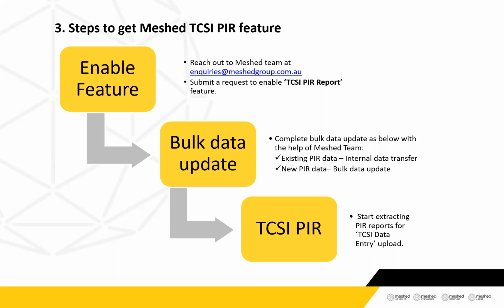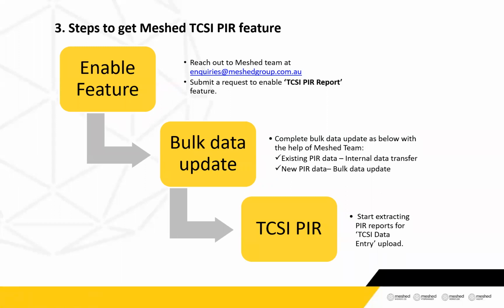The first step is to put in a request through enquiries@meshgroup.com.au that you are interested in this PIR report feature and you would like to have it on your platform. Once we receive this, we'll know that this platform is ready to use this feature. Then we'll analyze your platform and help you with the next step, which is the bulk data update.